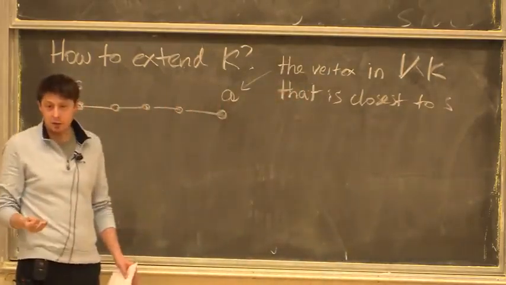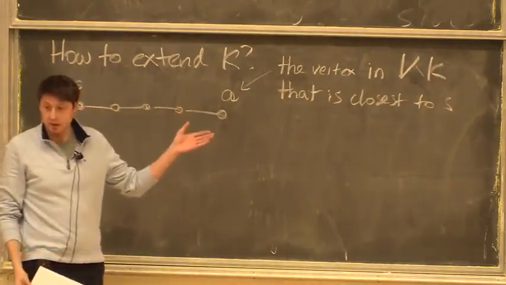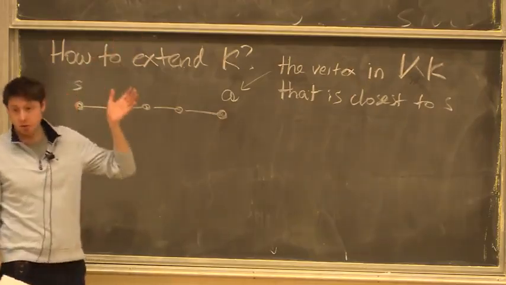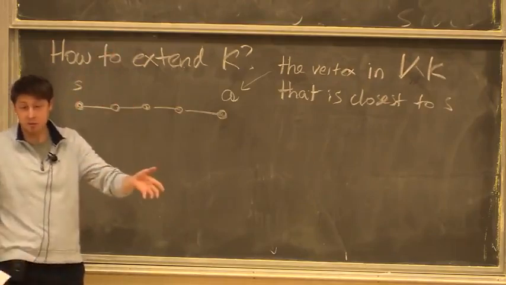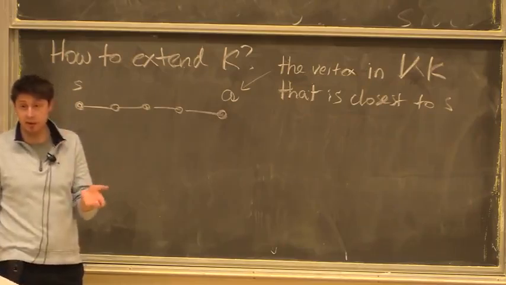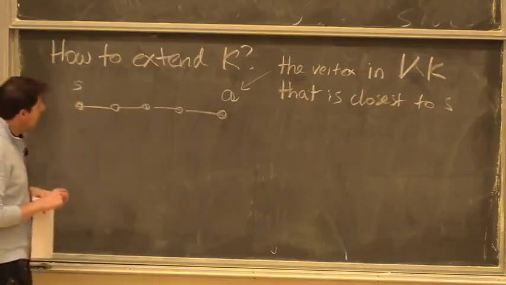I don't have shortest paths yet, so I actually don't know who this guy is. But you will agree with me that provided that K is not equal to V yet, we have some vertices outside, right? All of them have a distance that is well defined to S. One of them will be closest. Okay? Fine.